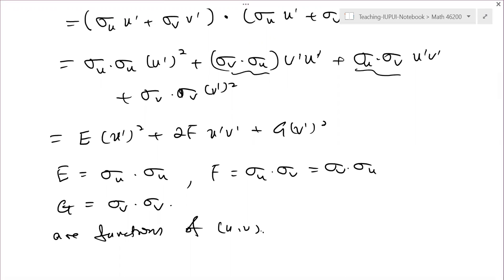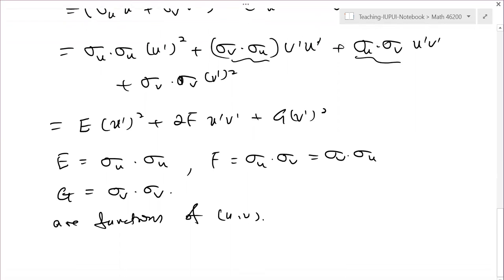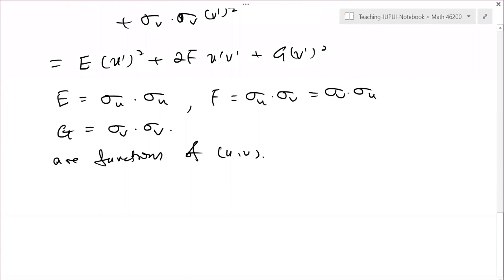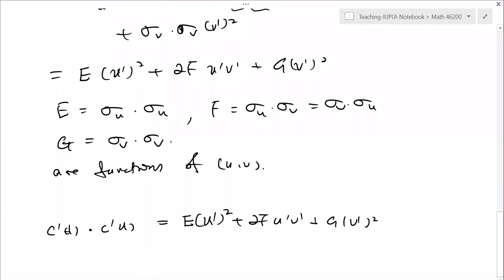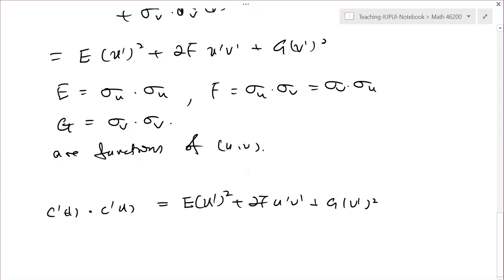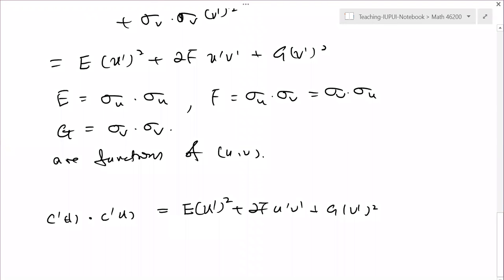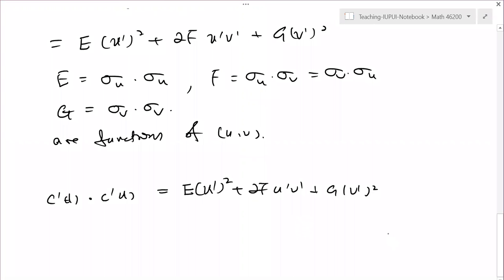So what does that mean? That means c'(t) · c'(t), roughly speaking, is going to be E u'^2 + 2F u'v' + G v'^2. You can calculate it using the data in the plane.